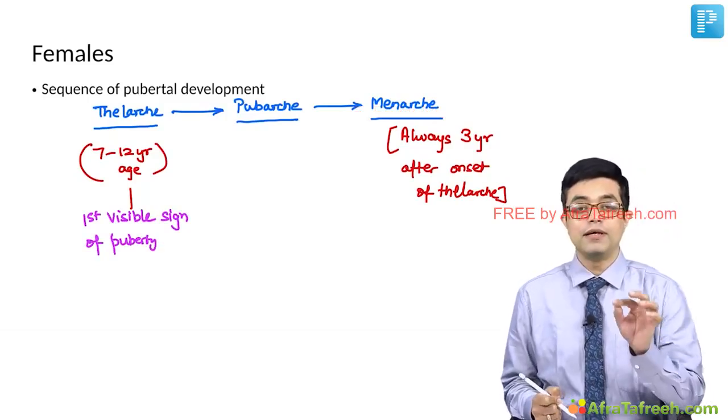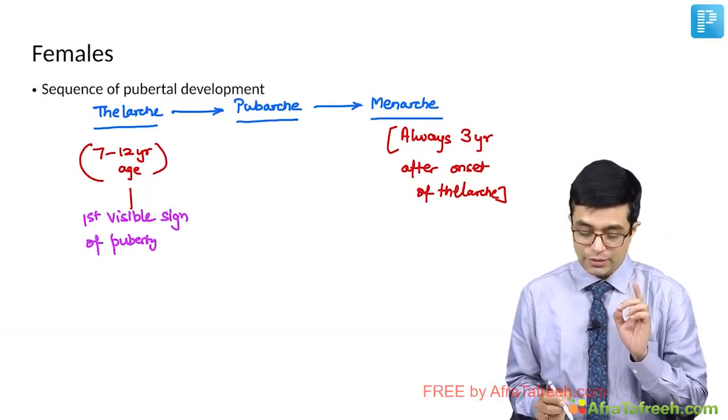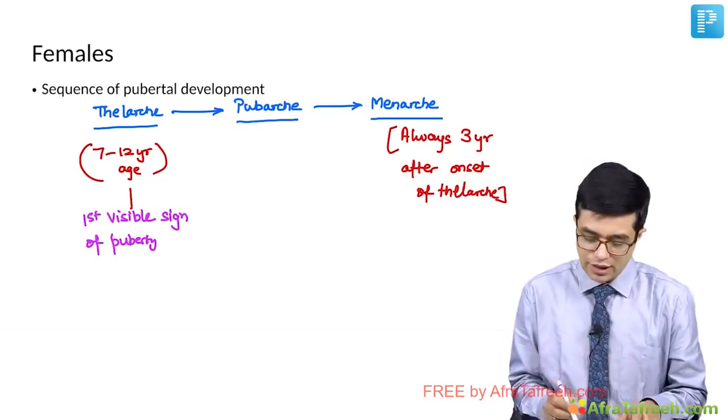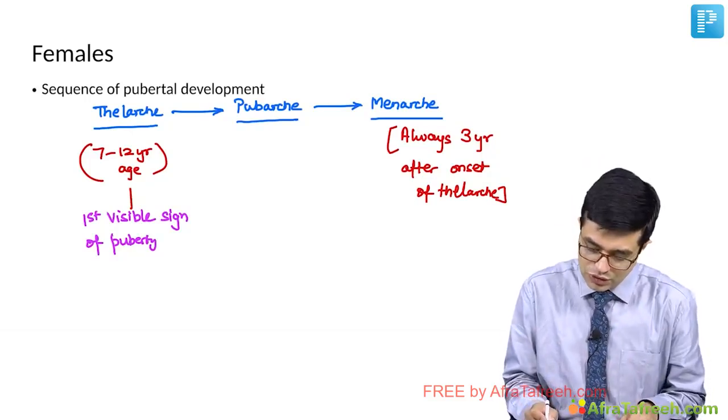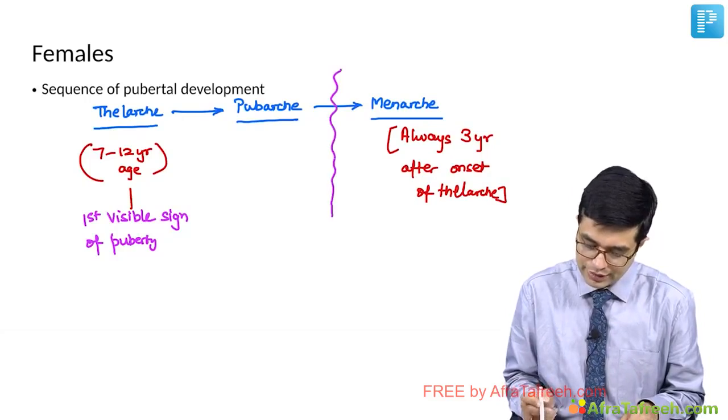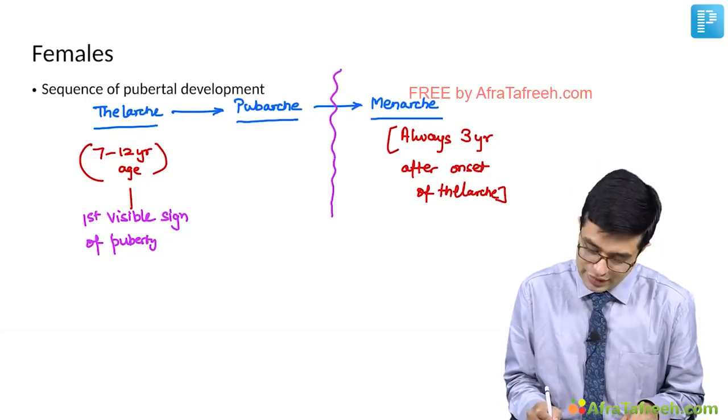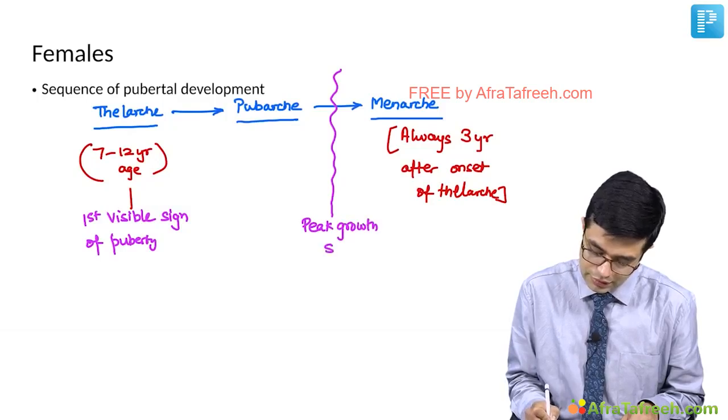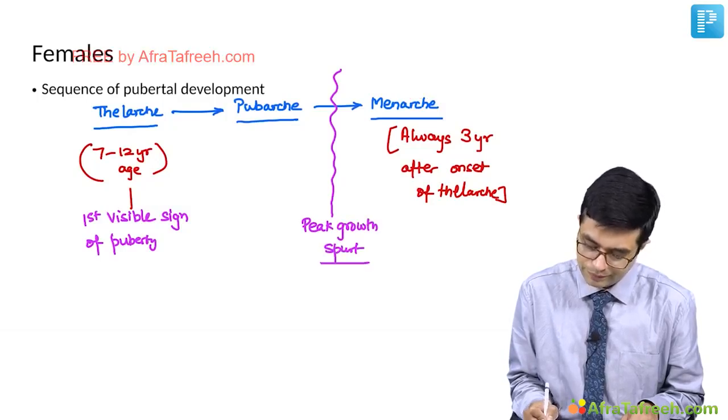And then you have the growth spurt or the height spurt. Peak growth spurt occurs between pubarche and menarche. So this is the time during which peak growth spurt is seen.